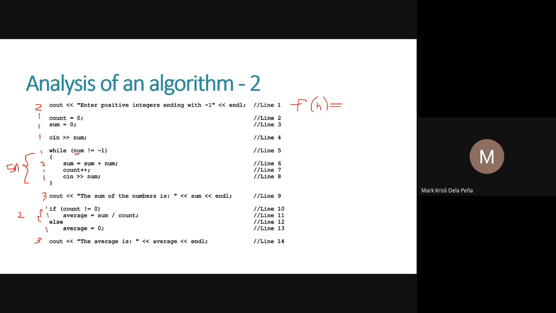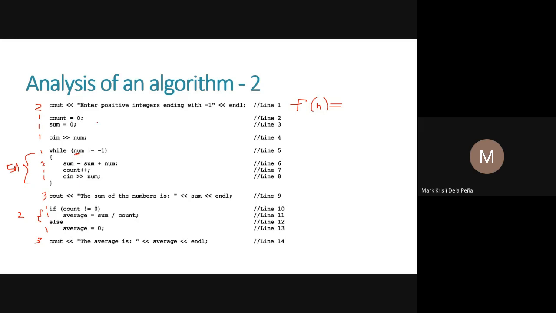So sum them up. This is 5, 6, 7, 10, 13. Let's check. I forgot what's the answer to this one. So we have line 1 to 3 has 5 operations.